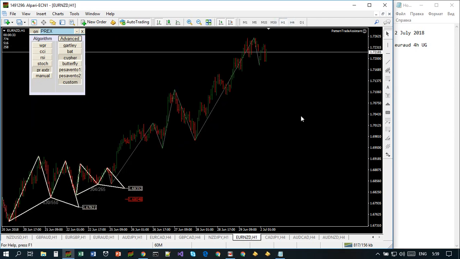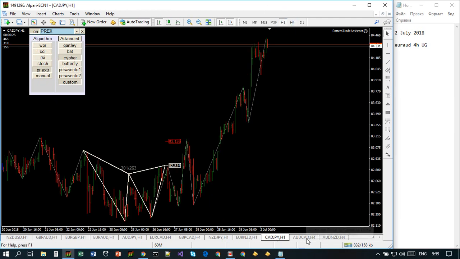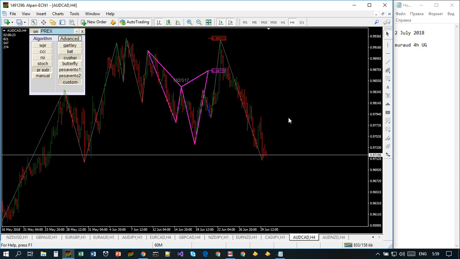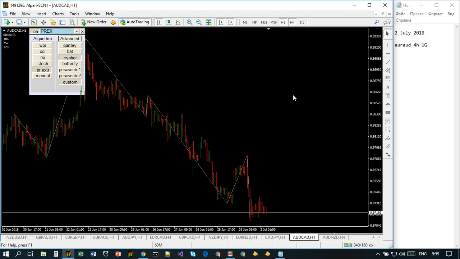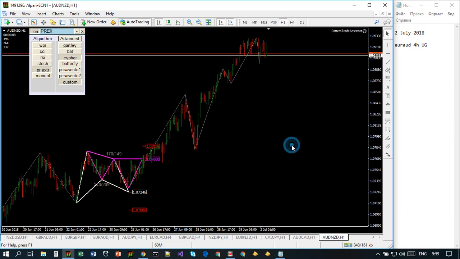Euro New Zealand 4 hour and 1 hour. Canada yen. Okay, 4 hour and 1 hour. Aussie Canadian. 4 hour cipher, hit the targets obviously, and 1 hour is nothing. And Aussie New Zealand 4 hour and 1 hour, nothing.